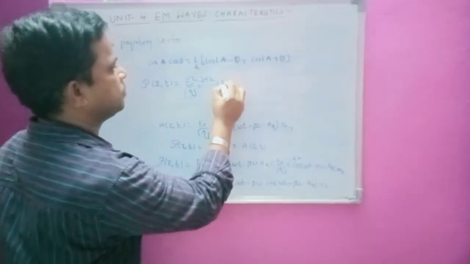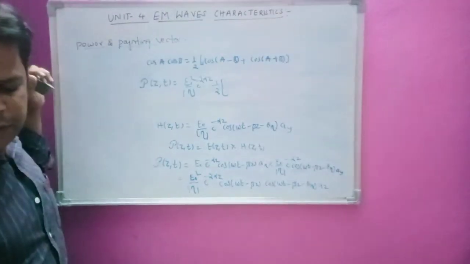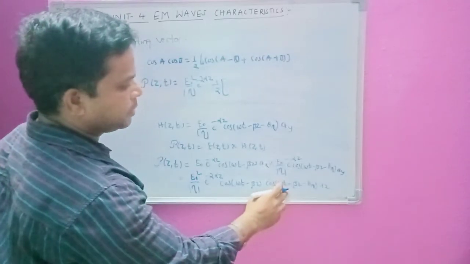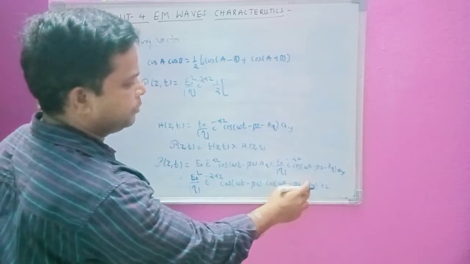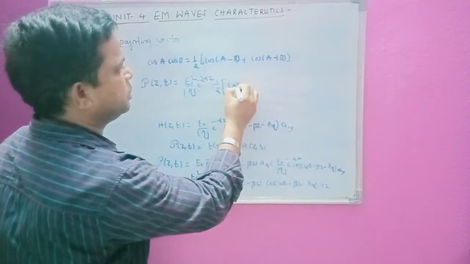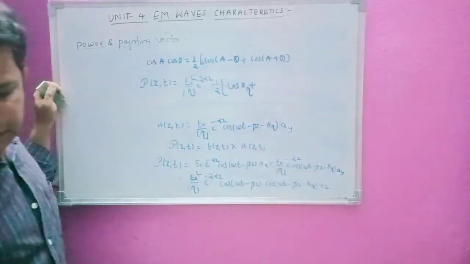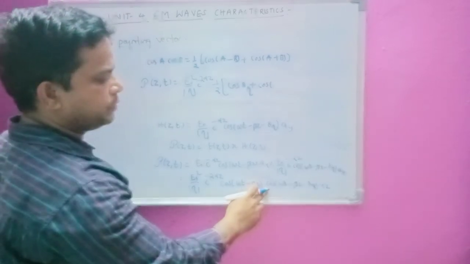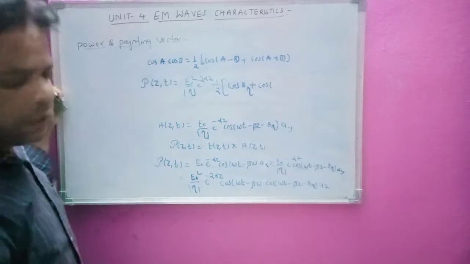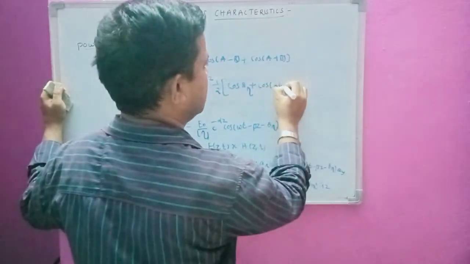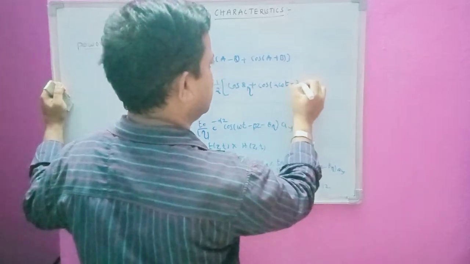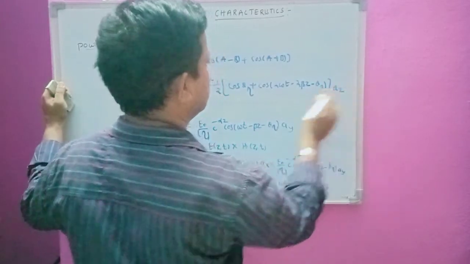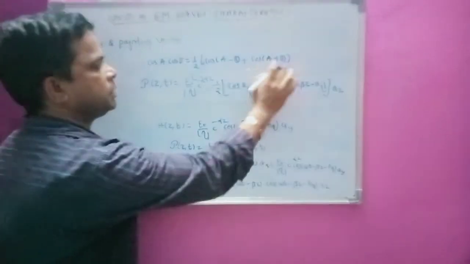So cos of A minus B and cos of A plus B. If I take cos omega t minus beta z, these two cancel, and I am left with only theta of eta, that is cos theta of eta, plus cos of A plus B, that is cos of 2 omega t minus 2 beta z minus theta of eta into az. Okay, this is the equation which we are going to get after using this equation.